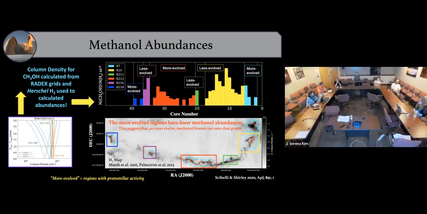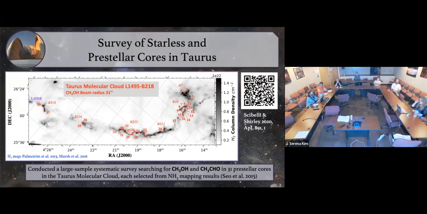Yeah, so the angular resolution for the methanol and acetaldehyde, the beam is like 60-ish arcseconds, 1,000 or 2,000 AU scales. So when we did map, it's not at exactly high resolution.